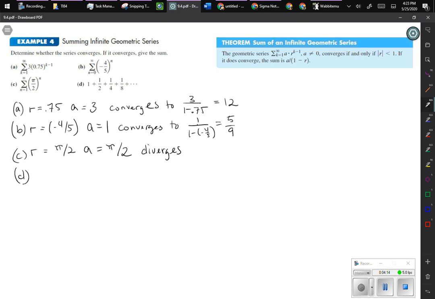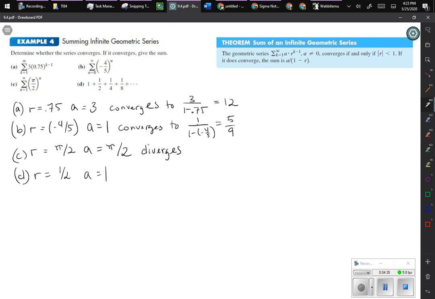Notice part D, the series is written out in its discrete form, right? 1 plus 1/2 plus 1/4, right? It's actually writing out the discrete elements, each term. I know the common ratio, you can see, is half, and a is 1.